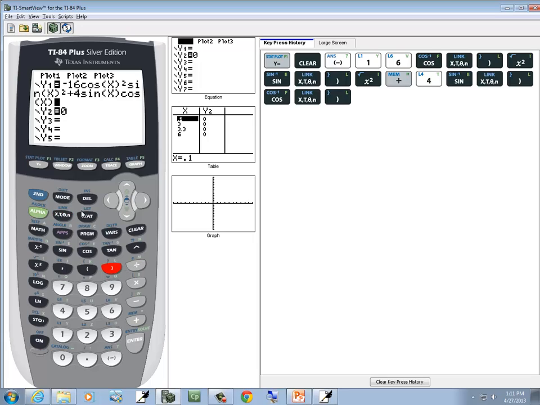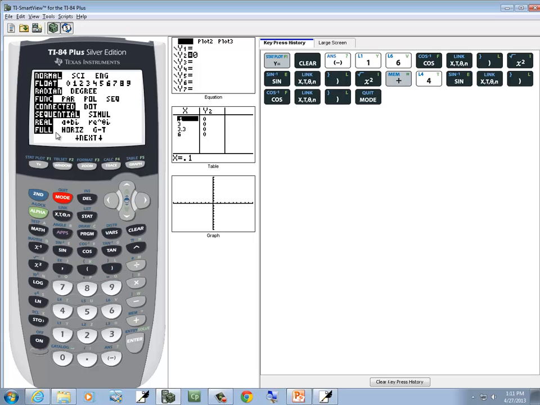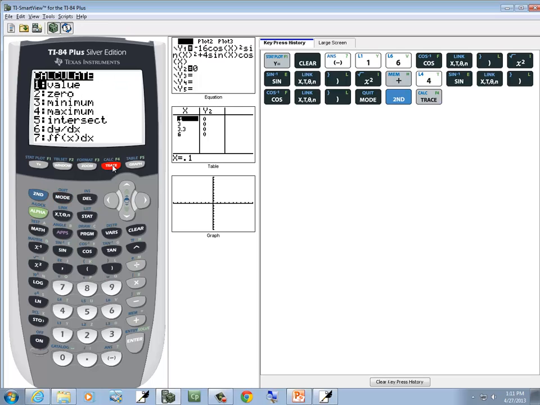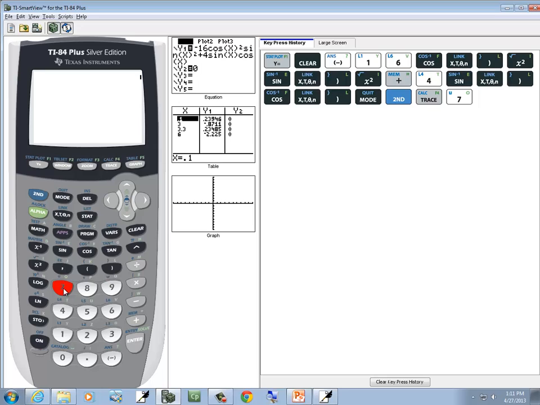Okay, make sure I'm in radians. So I can press mode. I'm in radians. Now I'll do a second trace. Choose number 7. And wait forever while it graphs this.